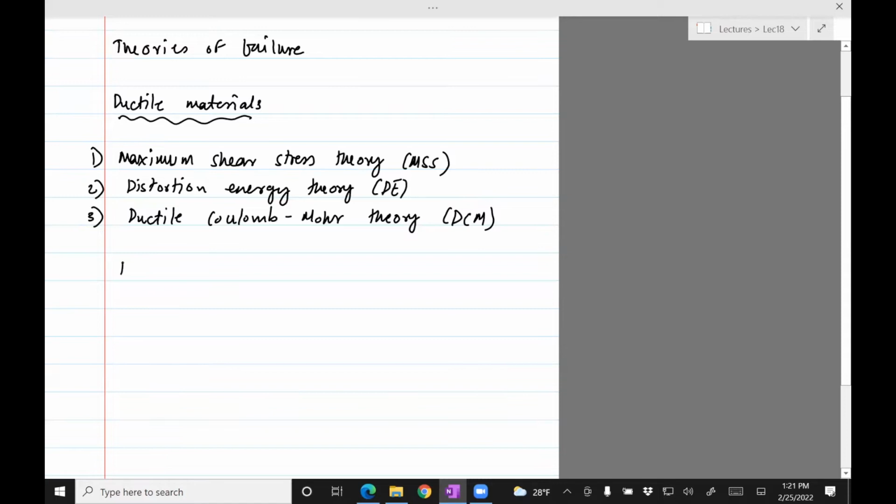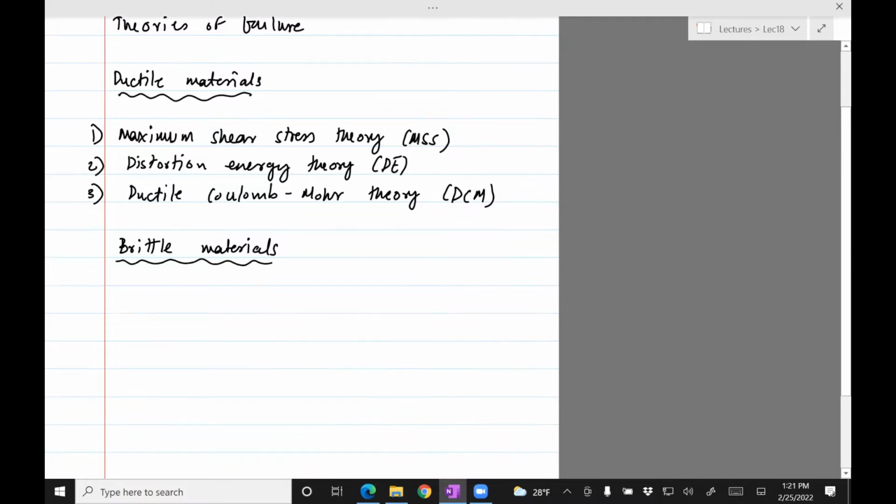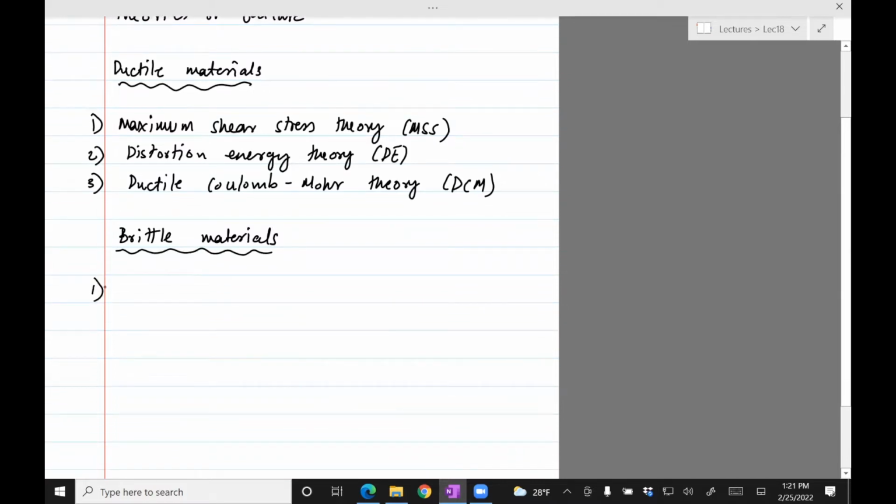Then we have brittle materials. So we have the maximum normal stress theory, also abbreviated as MNS.